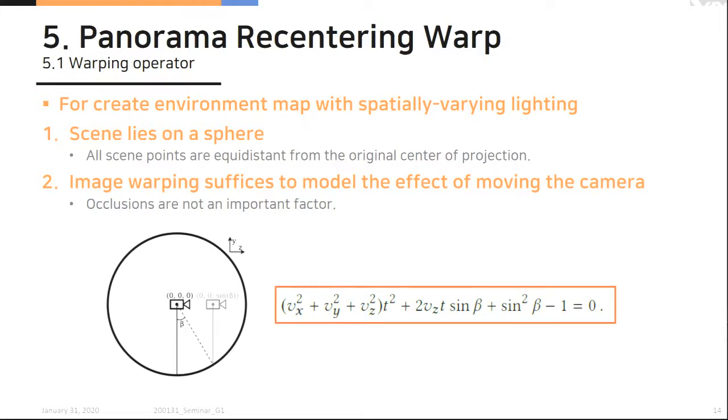T is the unknown value. Sorry, I couldn't understand that.